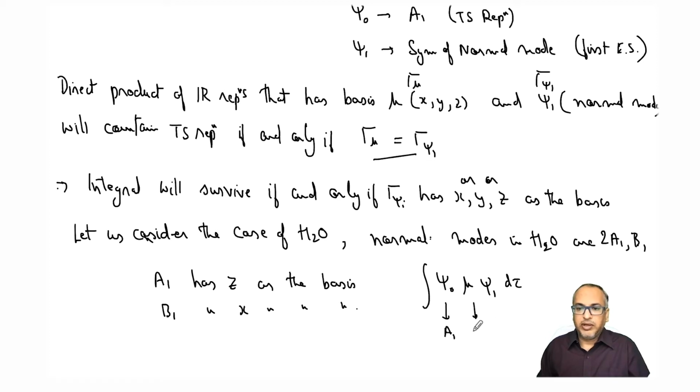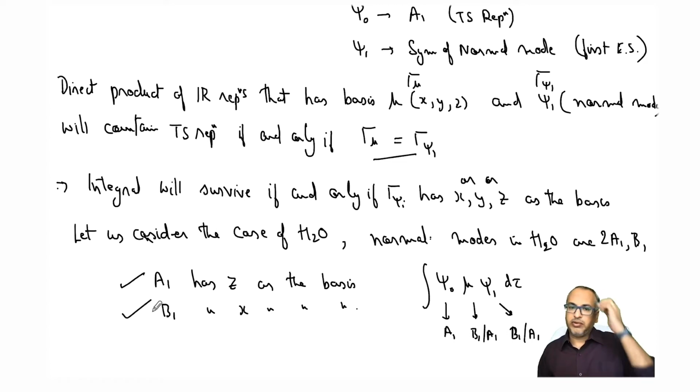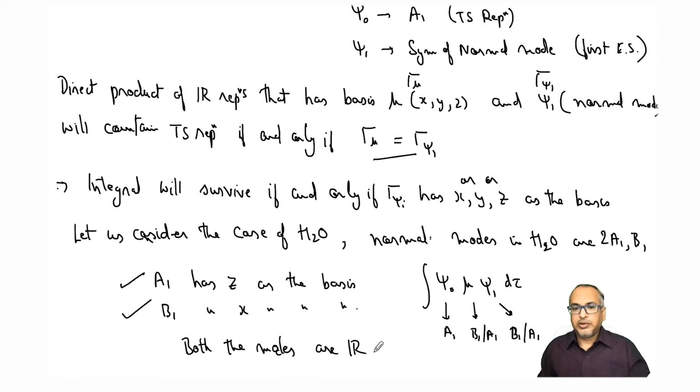Mu will have b1 or a1 depending on whether you are taking the x or z component, and psi 1 has again b1 or a1, depending on which mode you are taking. Now in this case both the integrals will survive. That means this is IR active, and this is also IR active, right? So both the modes are IR active.